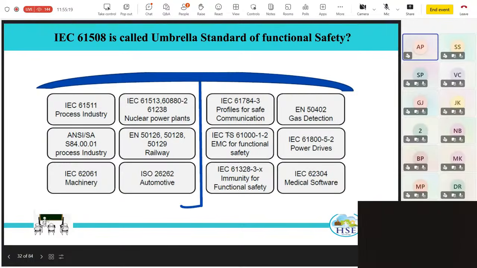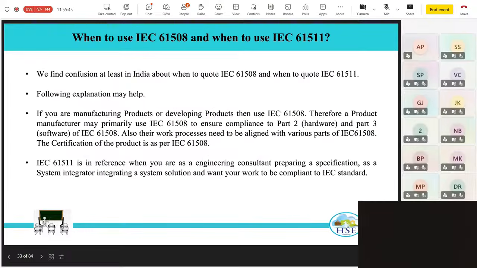All diverse standards like process industry, nuclear plant, and profiles for safe communication, gas detection, power drives, medical software, EMC, humidity for functional safety, ISO automotive standards, then machinery standards. Even railways are borrowing from IEC 61508.